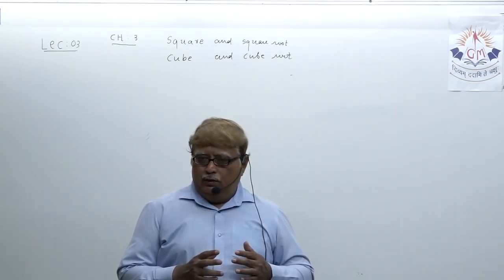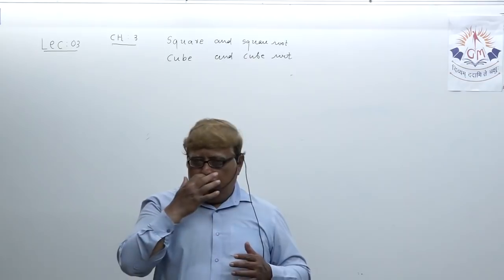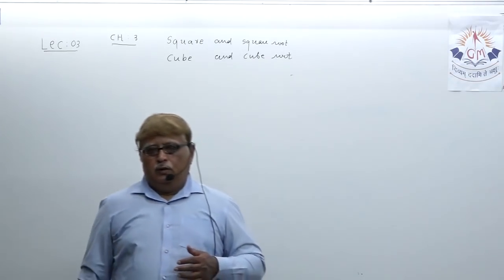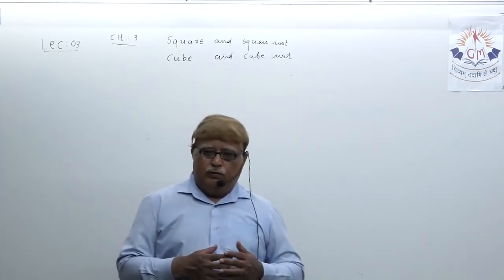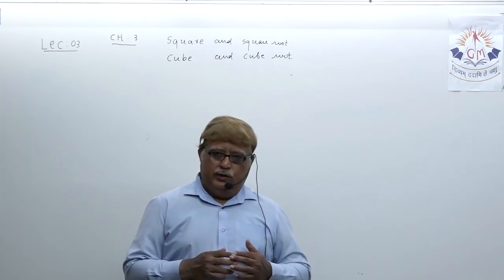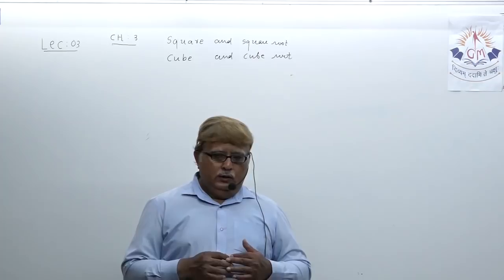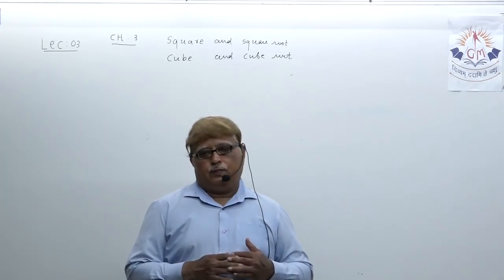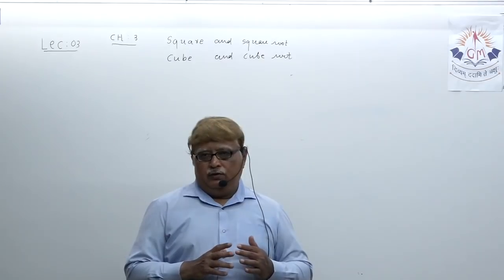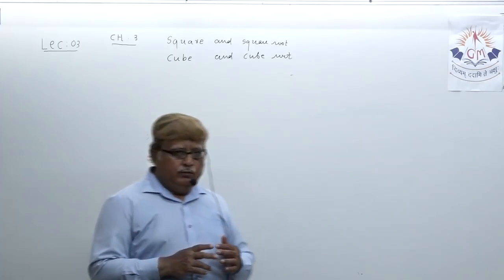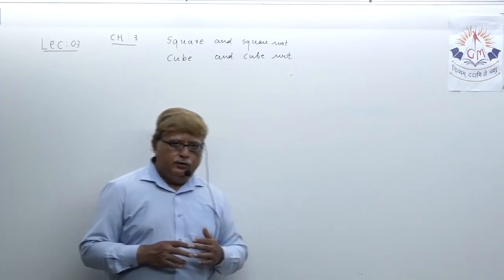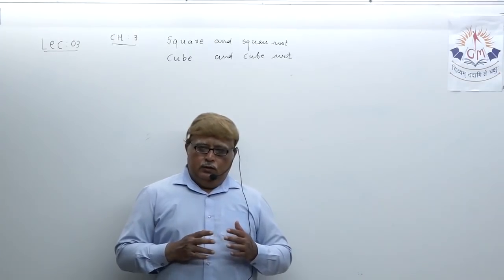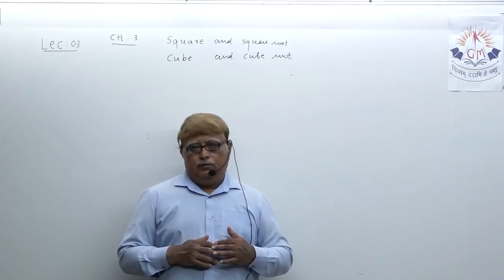You all know in lecture 1 and 2 which chapter continues? Chapter number 3, that is square and square root, cube and cube root. In this particular chapter, in lecture number 1 and 2, we have given you idea regarding square and square root.